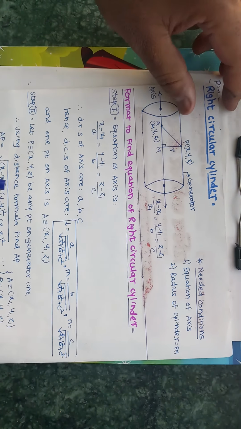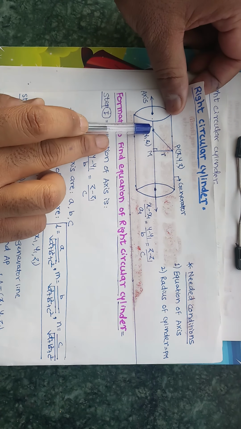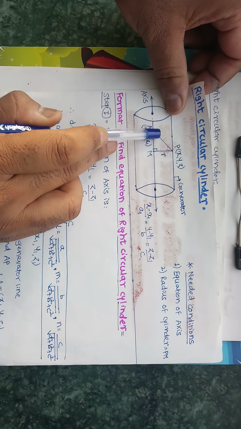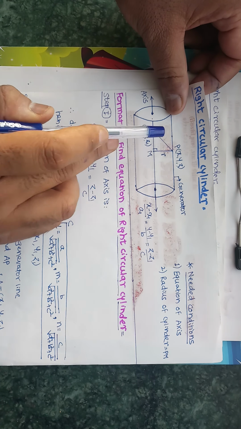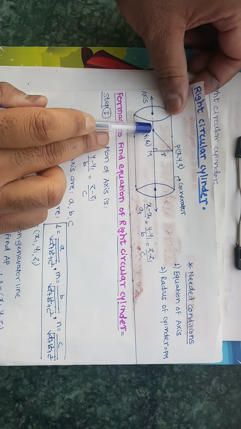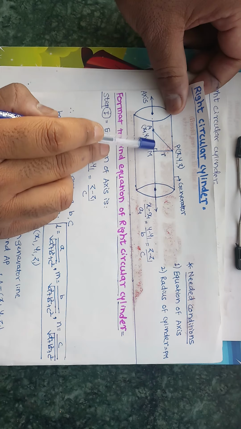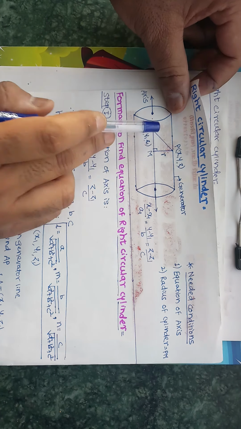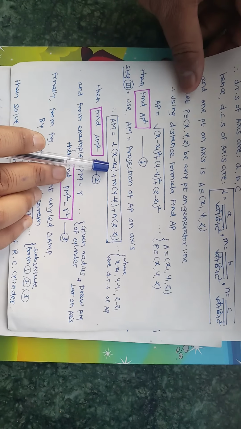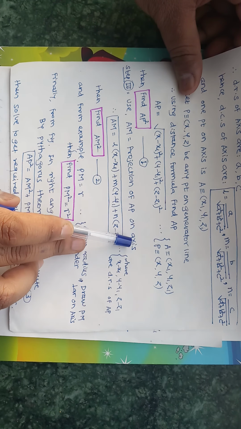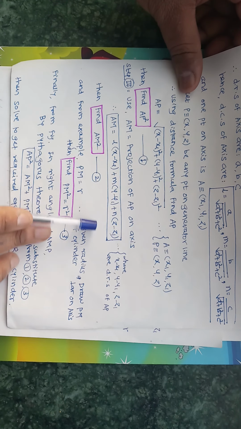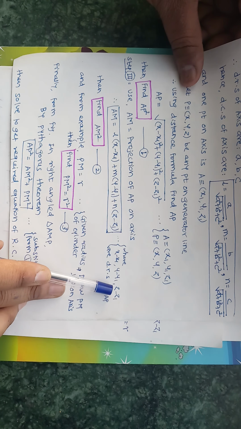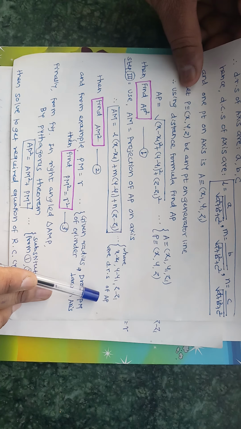So what is the formula to find AM now? While finding AM, you can use DRs of AP and DCs of axis, because AM is a shadow or projection of AP. Check here, projection of AP on axis, so AM is equal to (x minus x1), (y minus y1), (z minus z1). These are the DRs of AP.